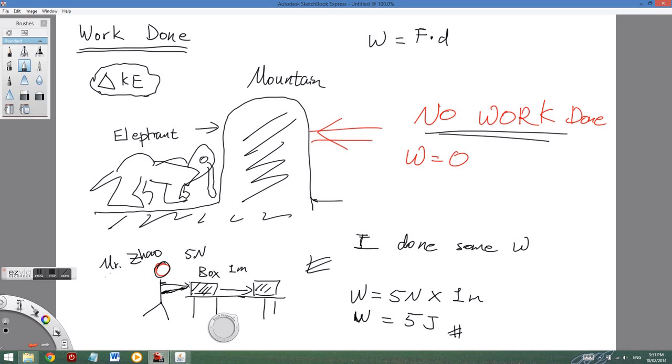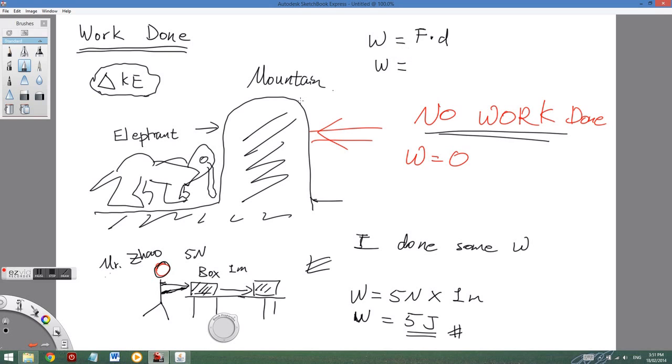However, when I was pushing, the box moved, meaning the box obtained some kinetic energy, and it obtained 5 joules. So I have done 5 joules of work on the box. So that's the concept.